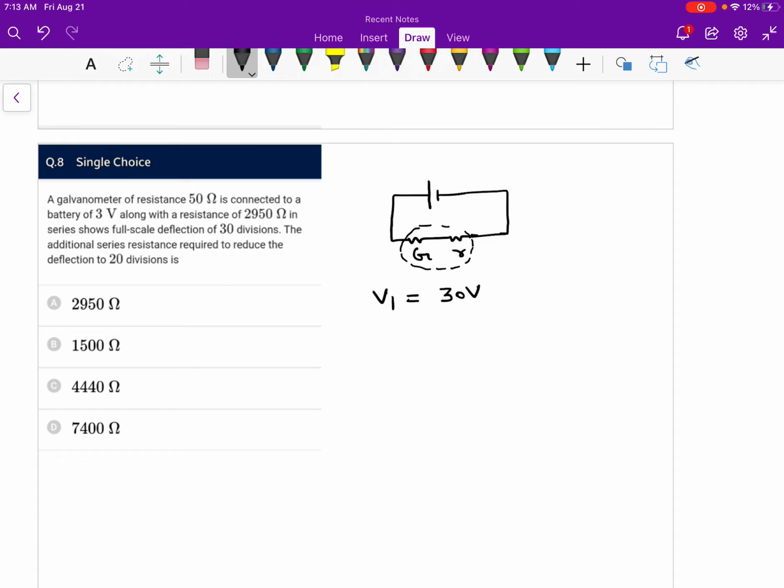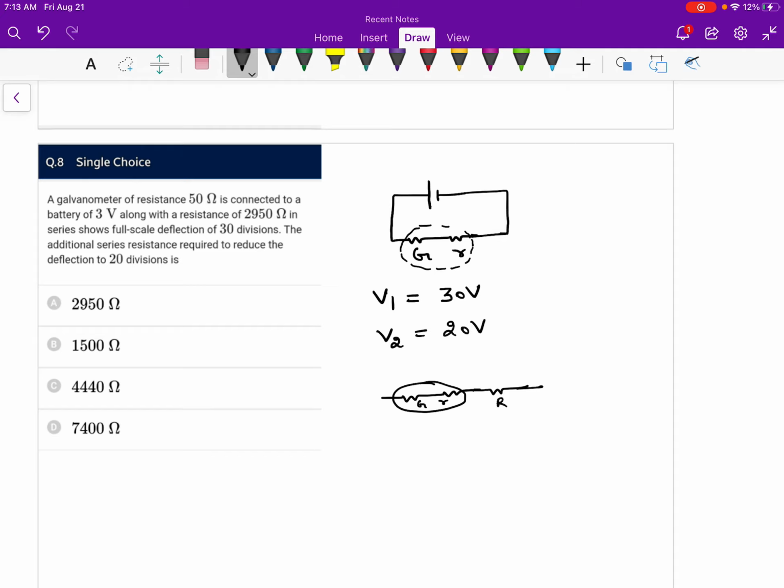Now we want an initial resistance connected such that voltage on galvanometer is that across 20 divisions. So it is 20V. Voltage changes from 30 volt to 20 volt. So this is G and r, and along with this is capital R.